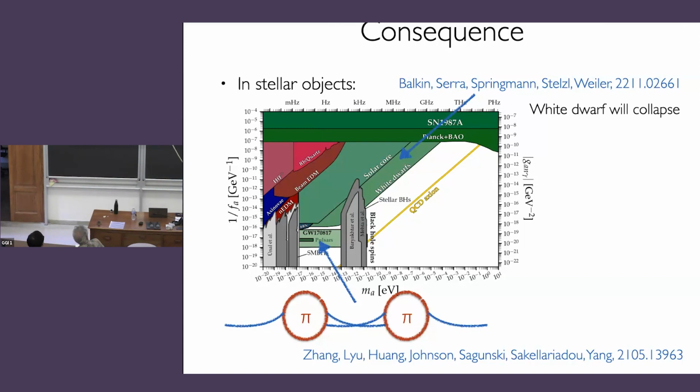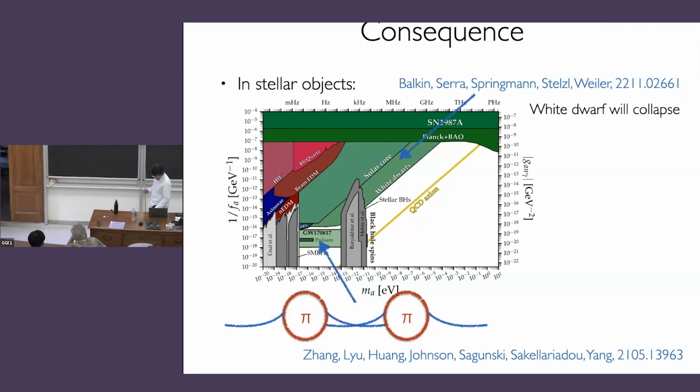I also want to highlight this recent work by Andy Weiler's group, Habisera and I think students, where they demonstrated that we do not only need to rely on these chemical reactions being different in different stellar objects, but the fact that the white dwarf hasn't collapsed at all already places a constraint on this region of the parameter space. So all of this is already excluded just because they are white dwarfs.